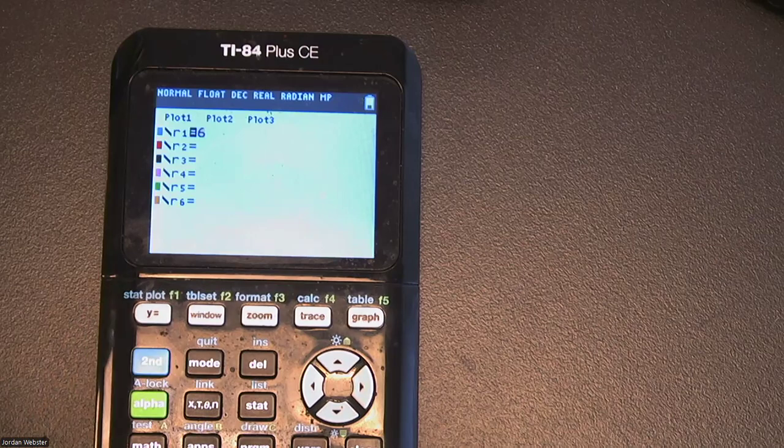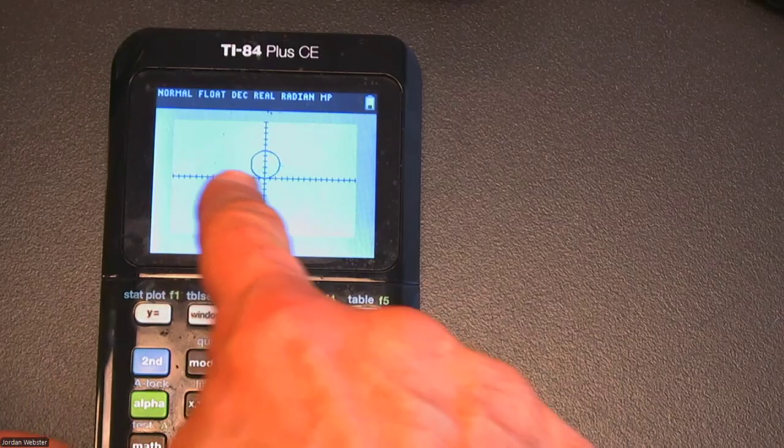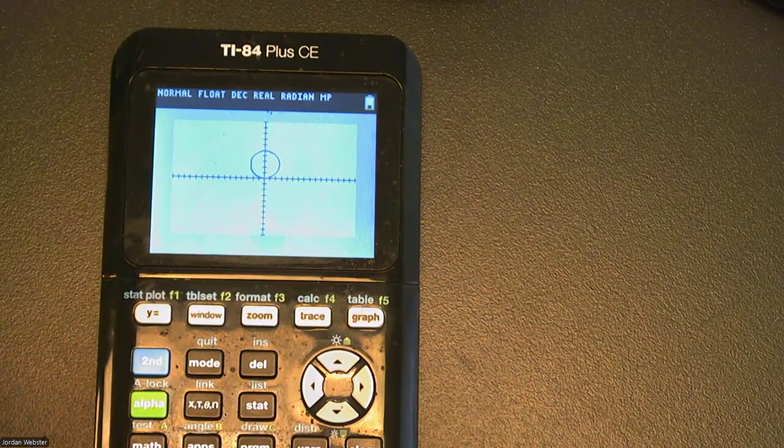The other things we were asked to graph were 5 times sine of theta. Notice that's a circle that touches the origin, but goes up along the y-axis.